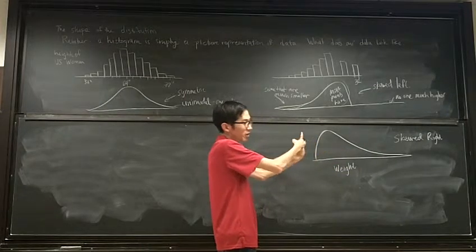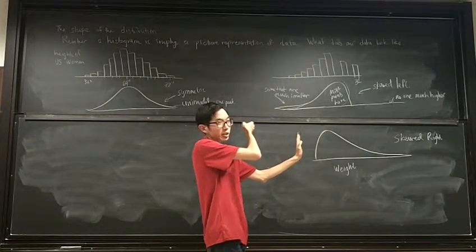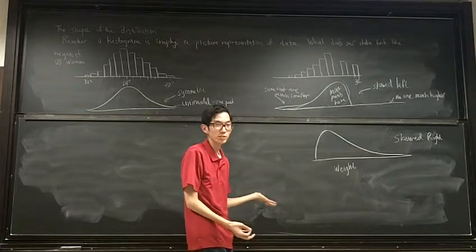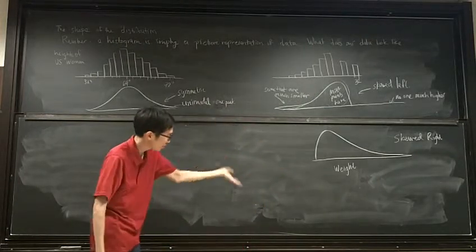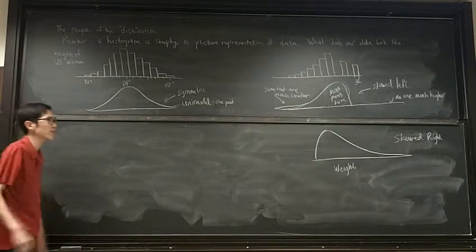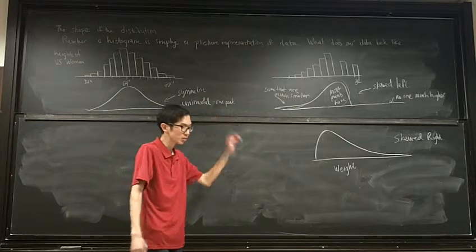If I try to go 230 pounds below average, that would take me to negative 60 pounds, okay? Nobody weighs negative 60 pounds. So weight would be skewed right, okay? And there's all sorts of things that can be skewed.